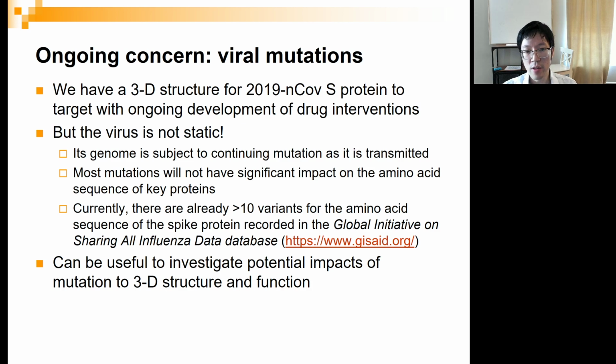It would also be of interest to investigate, and useful to examine, the potential impacts of mutations, so changes in local regions of the amino acid sequence, and how they could play a role in affecting how the 3D structure and function of, say, the spike protein might vary as this virus mutates over time.